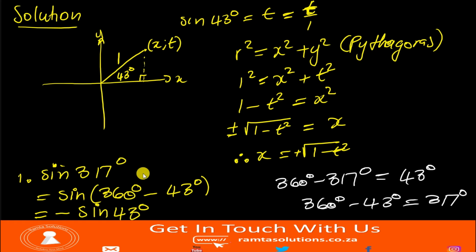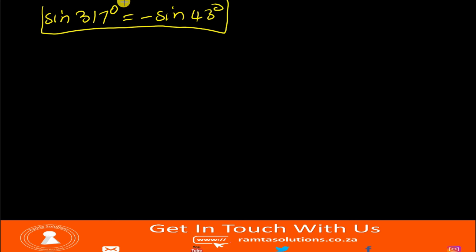So what we are trying to say here is that sine 317 is equal to negative sine 43 degrees. Okay? All right. Moving on.